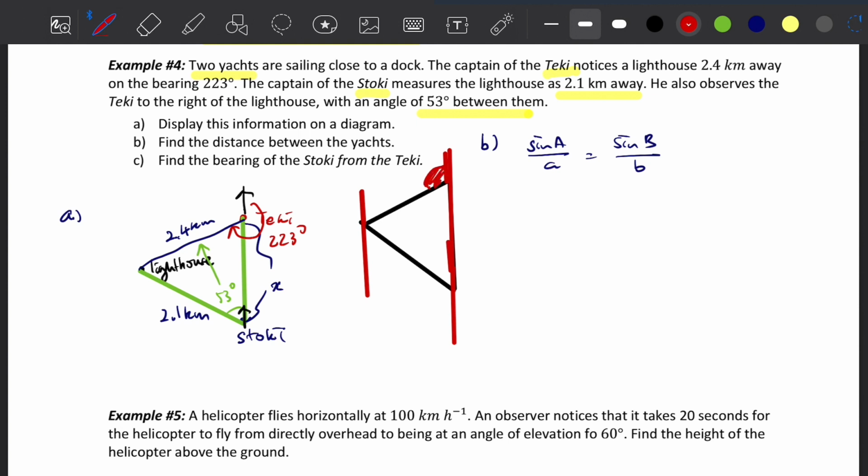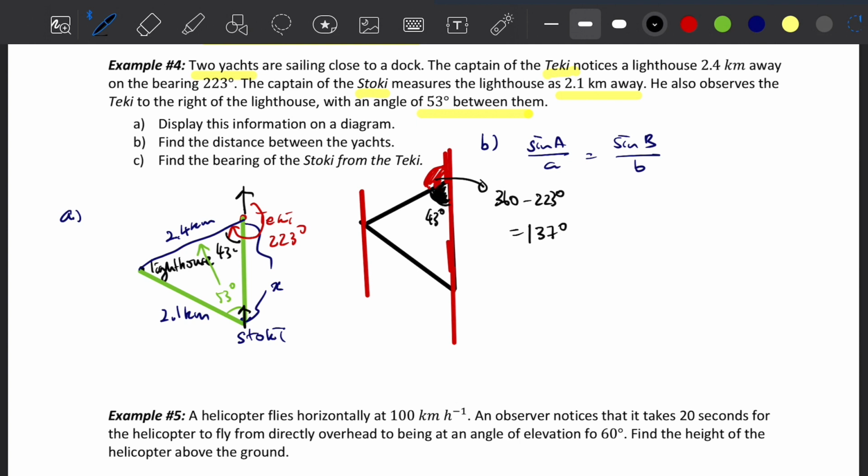This angle is 360 minus 223 degrees, which is 137 degrees. Then this part is 43 degrees, and we just found the missing angle, 43 degrees.